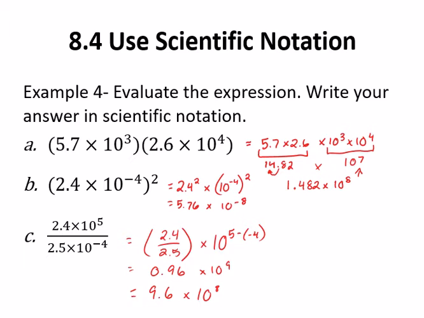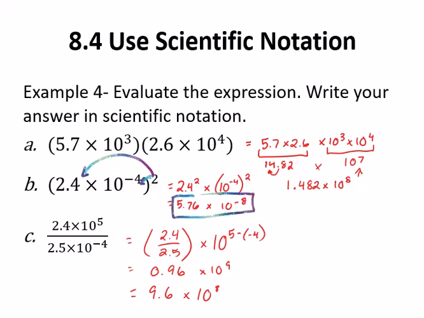For example 4, please keep in mind that when you're dealing with exponents, you need to make sure that exponent is distributed to every part of a product or part of a quotient, and that you're raising each part to that power. So when I did that, all I got was 5.76 times 10 to the negative 8th.